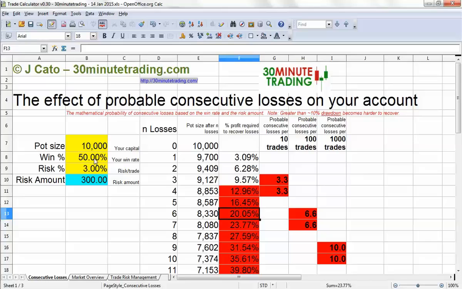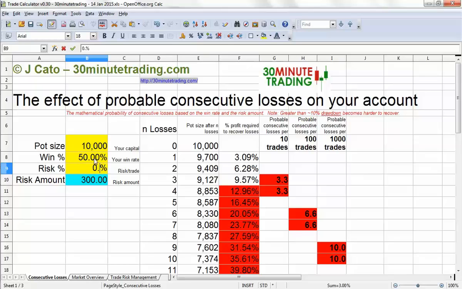So if you put in here either 1% or 0.9, 0.9 is a good number.